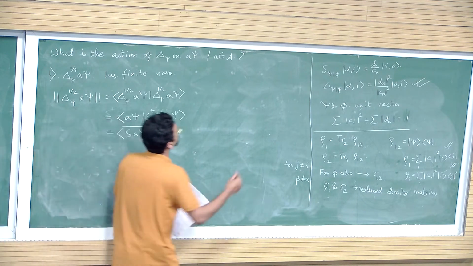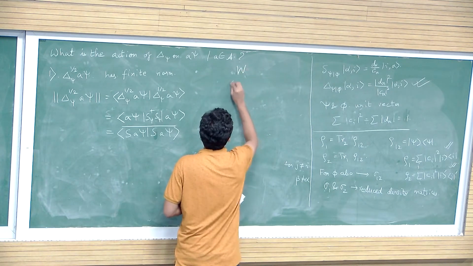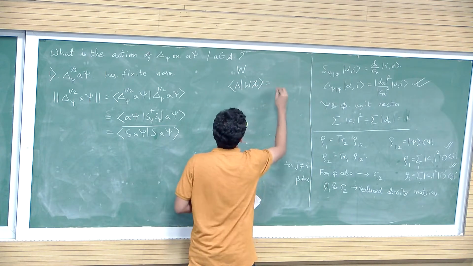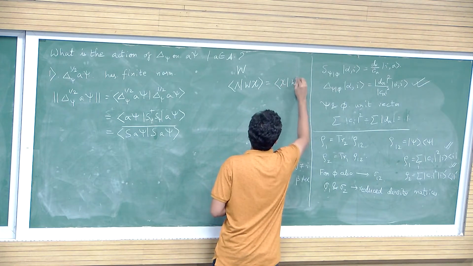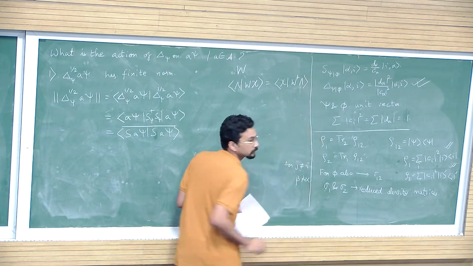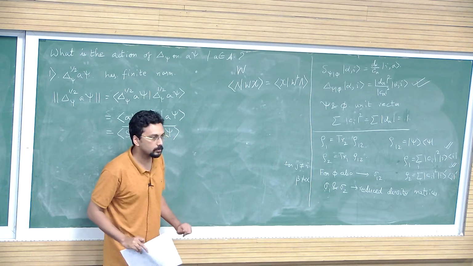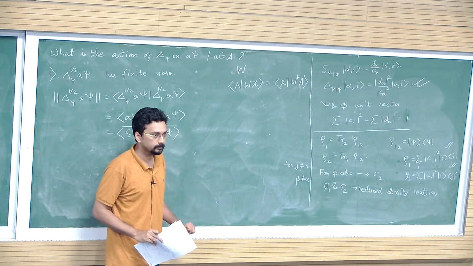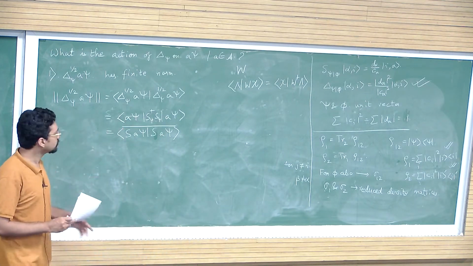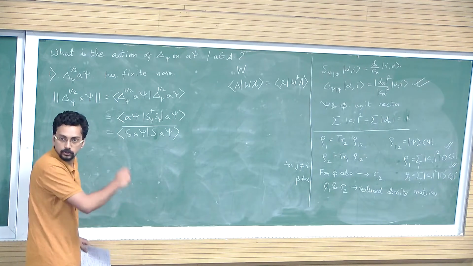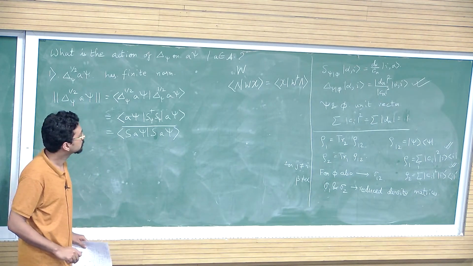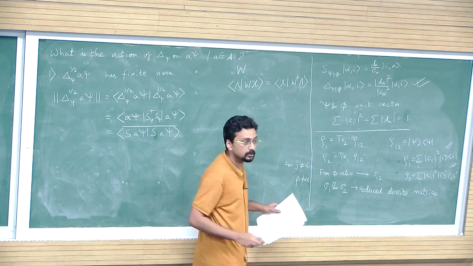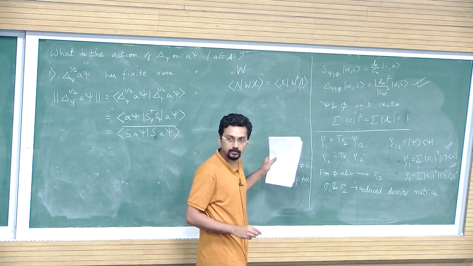If you recall, if W was an antilinear operator, this was how it was defined. And that gives you this. You should not put the bar here; the bar has already been taken care of. I have taken care of the bar and then written this.